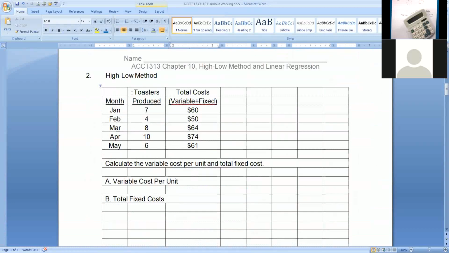And by the way, I don't think it comes up in this class, but when you talk about the high and the low, you're looking at the production, not necessarily the total cost. The total cost high-low might be different than the production. So whatever the production high-low is, usually is what you use.